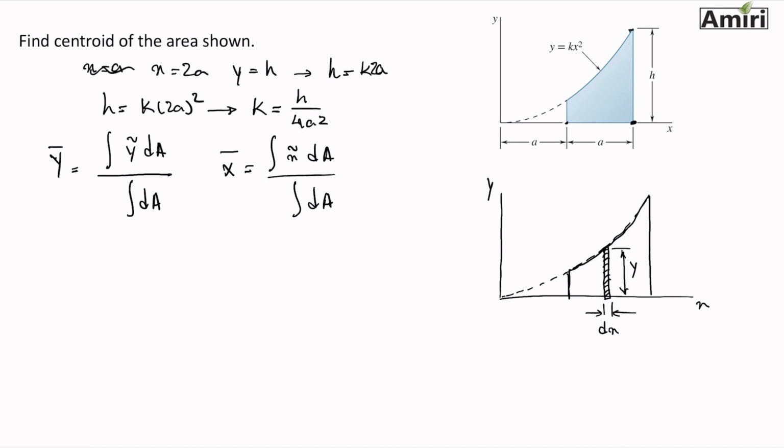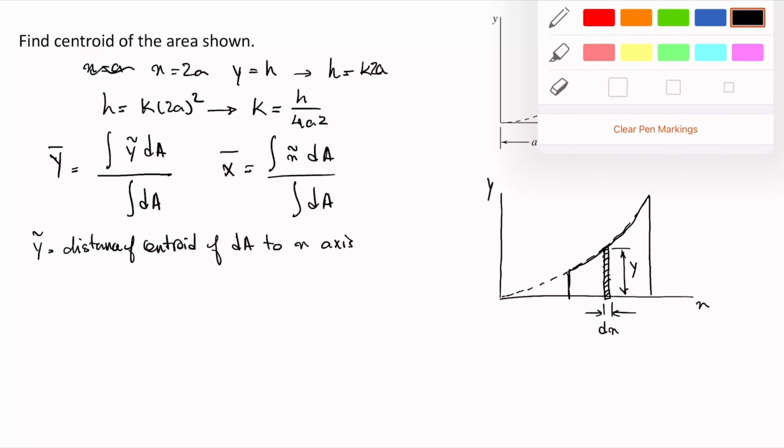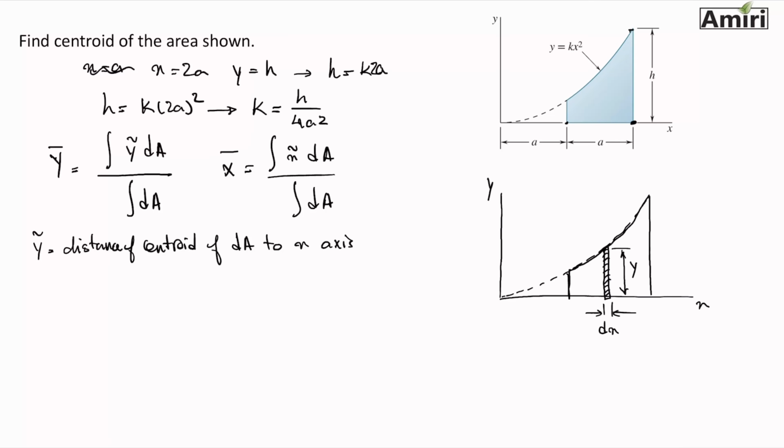I'll talk about what each of these means. Y tilde is the distance of the centroid of that little element to the x-axis. Centroid of this element, this here, it's a rectangle, so it's going to be the center of it.